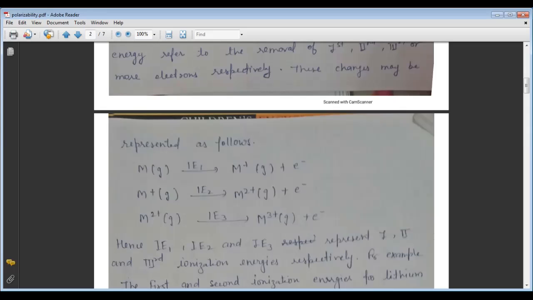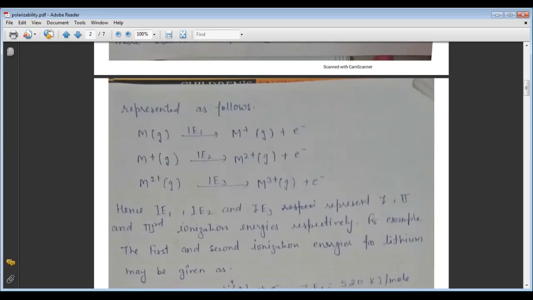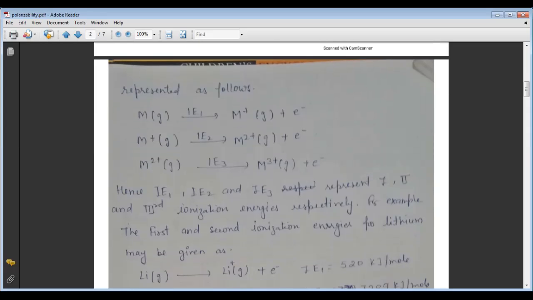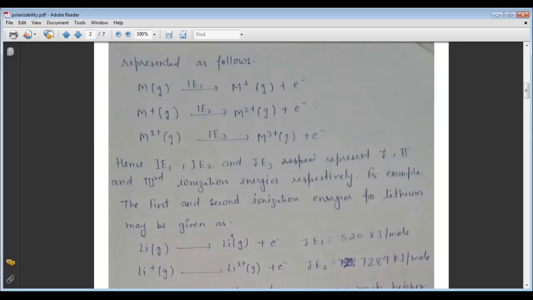When the cation again loses an electron, the energy is called the second ionization energy, and again the third ionization energy. Hence first, second, and third ionization energies represent the removal of the first, second, and third electrons respectively.